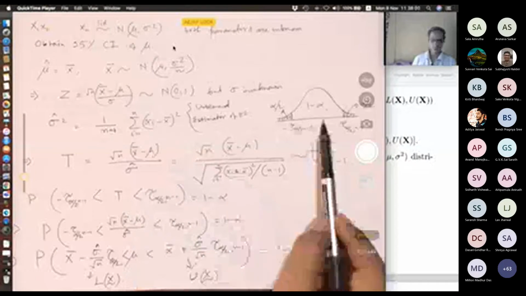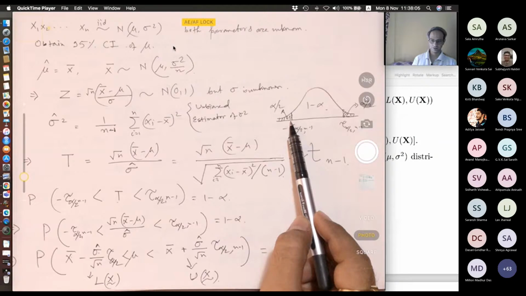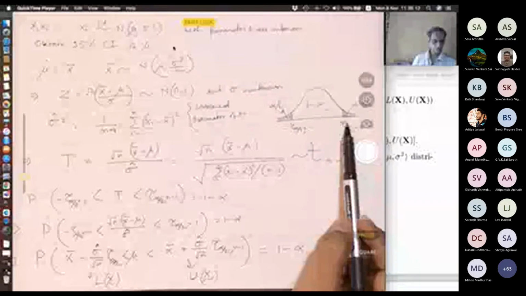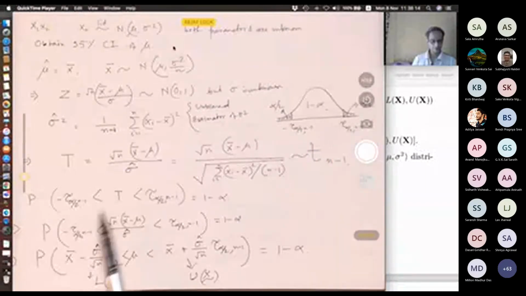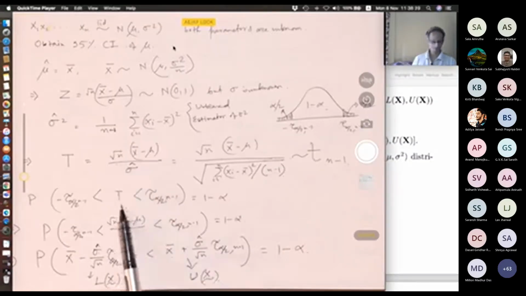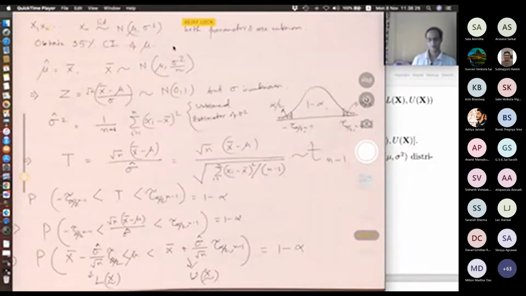Then you study the distribution. You take the lower alpha by 2 point, upper alpha by 2 point. And from there, you write down this relation, replace the expression of the statistic, keep the unknown parameter in the middle, and do the side change. This is the simplest way. I mean, this is our case.